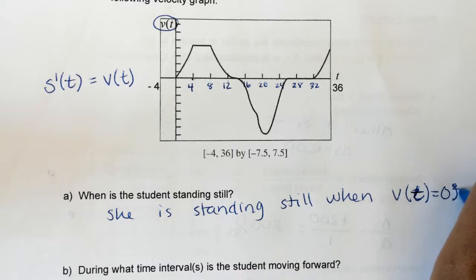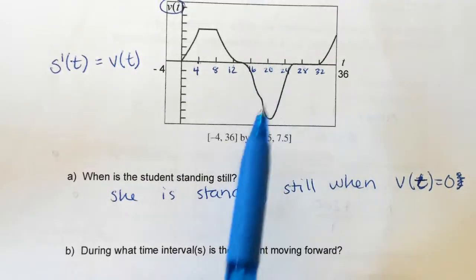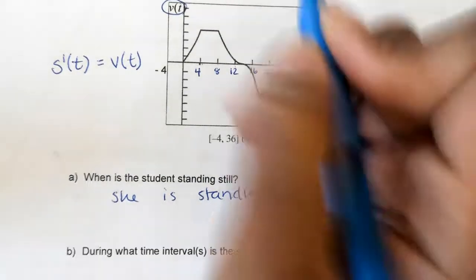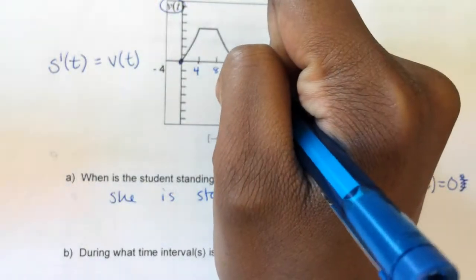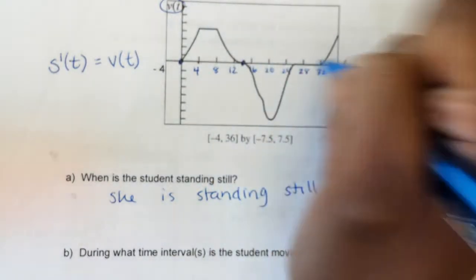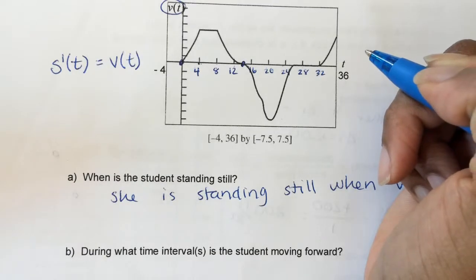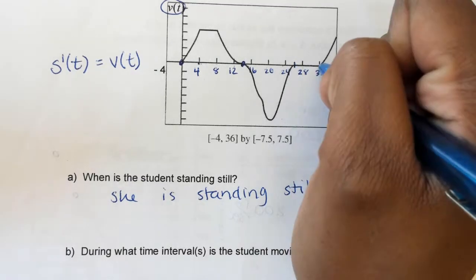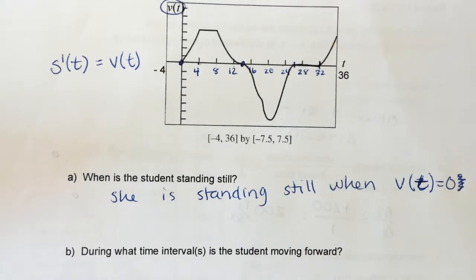So if we look at our graph, we know that v of t equals 0 in various parts. So we know it equals 0 here, 0 here, and 0 from about here to here. So this whole section here.